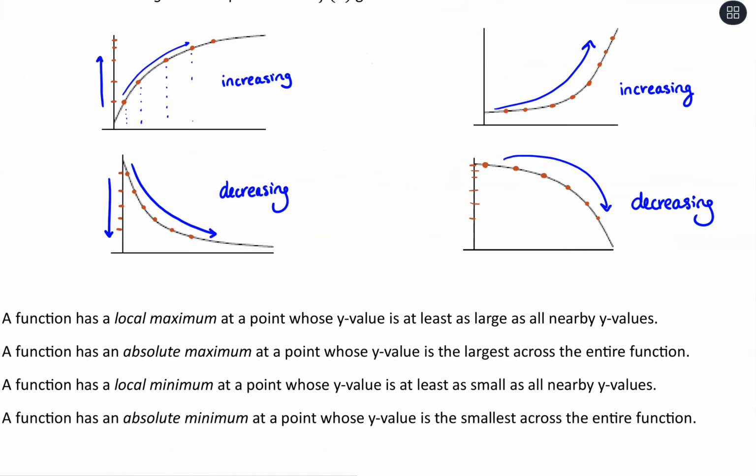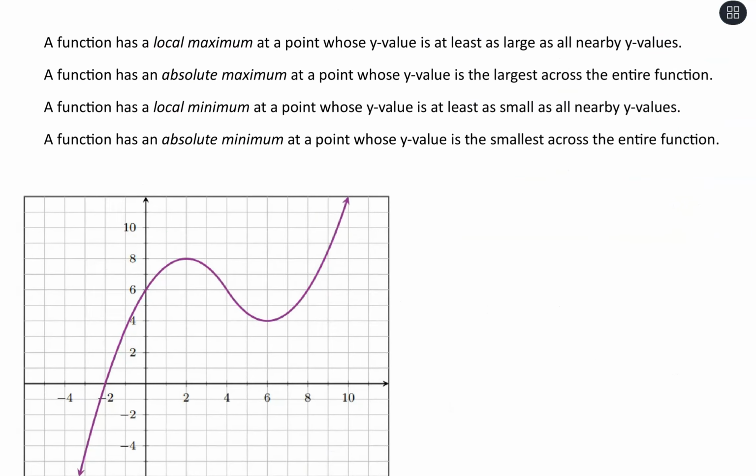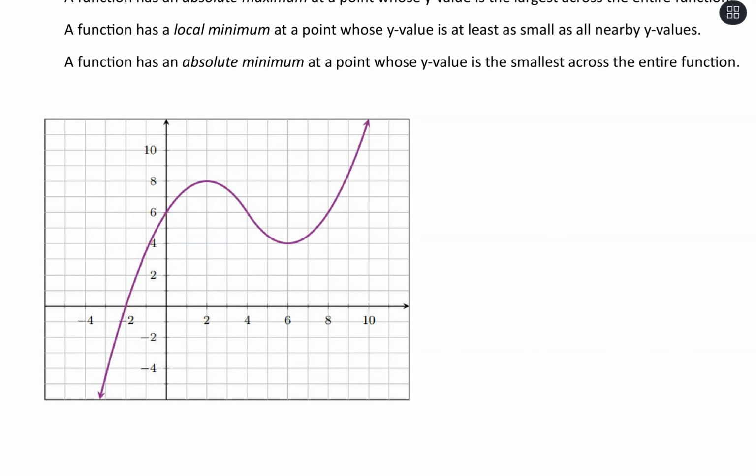So, when we describe increasing and decreasing on graphs, we're going to describe it in interval notation. I'm going to ignore those maximums and minimums for just a moment so that we can stay focused on increasing, decreasing.